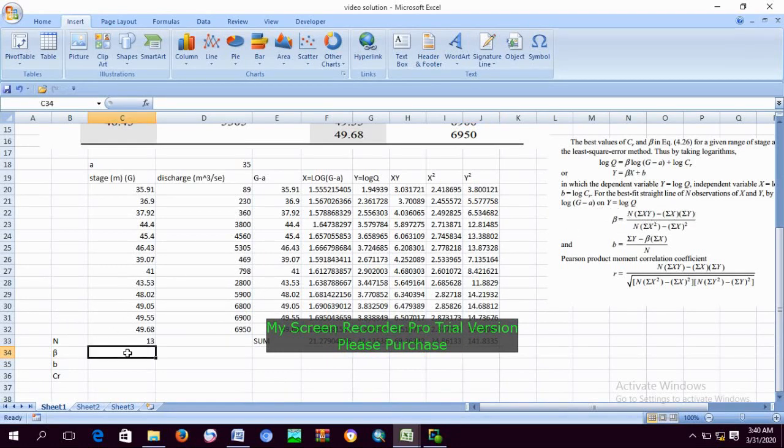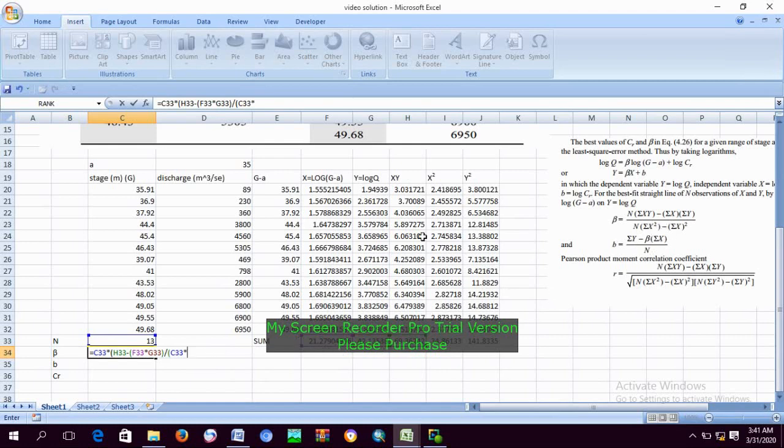So beta is equal to n times, the n value, times the bracket summation of xy, this value, minus the summation of x times the summation of y, this value, over n times, where n is 13, times the summation of x square. There is x square and there is its summation.